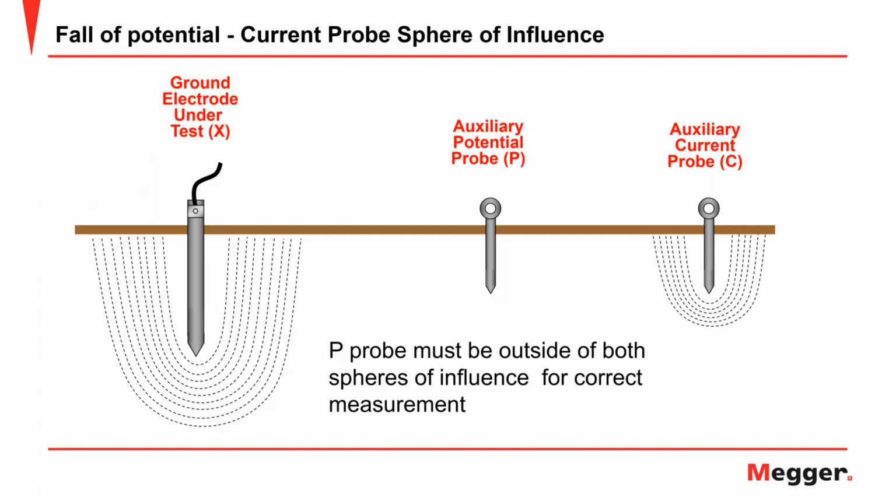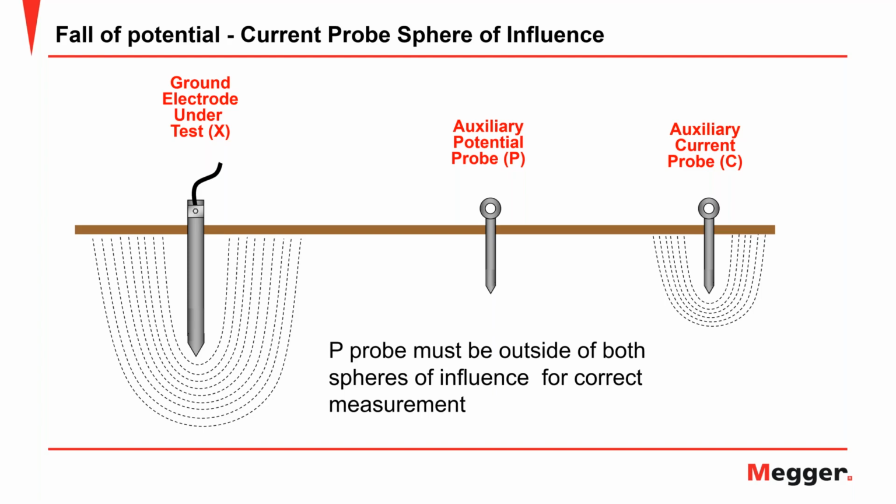So this is what we're looking at now. The current probe placed remotely, potential probe somewhere in between. And the dotted lines represent the electrical fields associated with this test. So there's an electrical field around your test ground that maximizes at some distance.